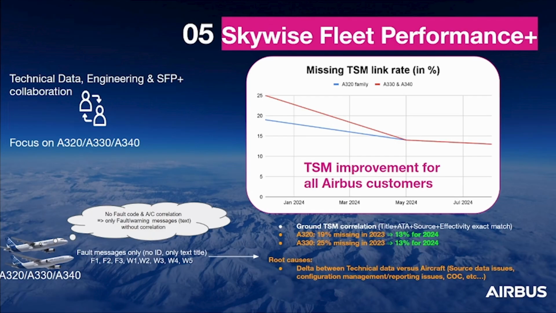So here, as you can see, we made a huge improvement of our TSM manual. That is beneficial not only for Skywise Fleet Performance Plus customers, but for all customers that are using our Airbus TSM manual.